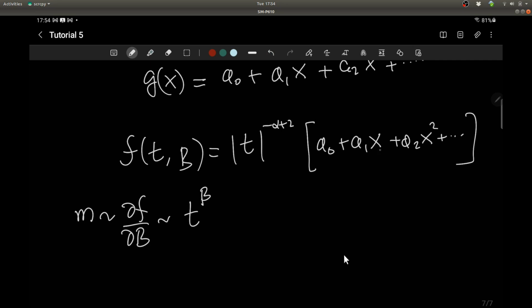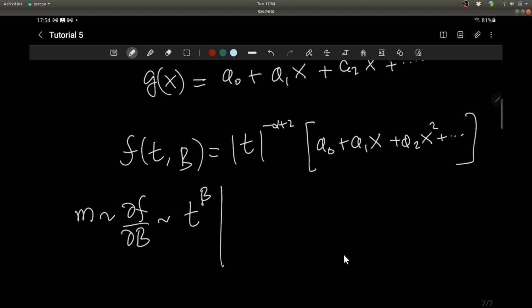We have to take derivatives, and then for small enough b, set b to 0. Is this correct? Yes, it was 1 minus t by tc, so it's proportional to little t raised to beta. Because the coupling is m dot b, we can do this.